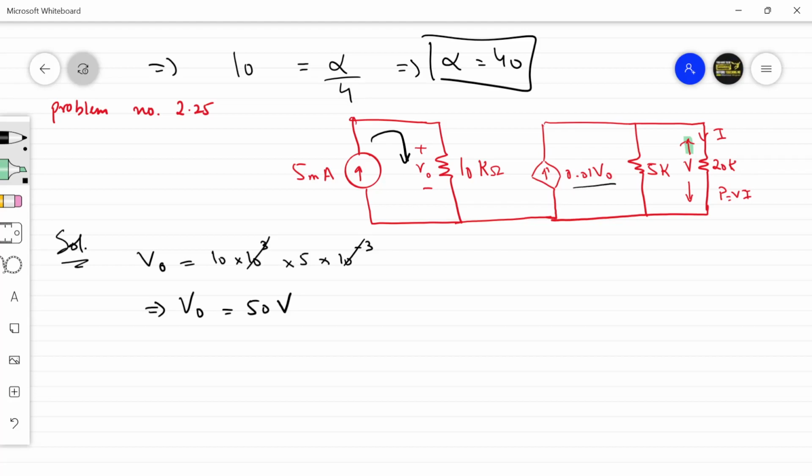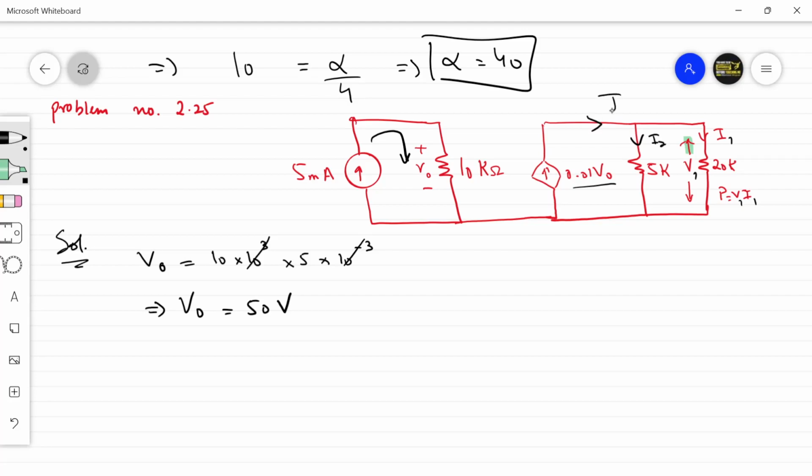Fine. So we actually obtain the value of V naught. Now we know this current source is equal to 0.01 V naught. Since V naught is equal to 50 volts, so this current source here, let this current be I1, this be V1. Power is equal to V1 into I1, and the current from this path is I2.